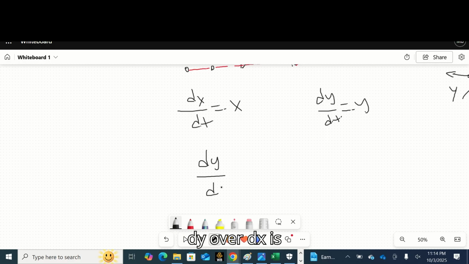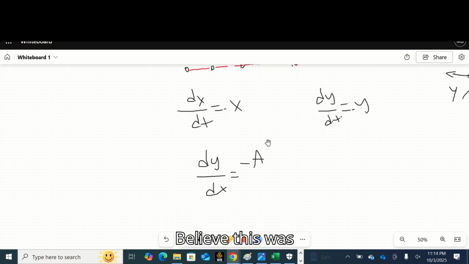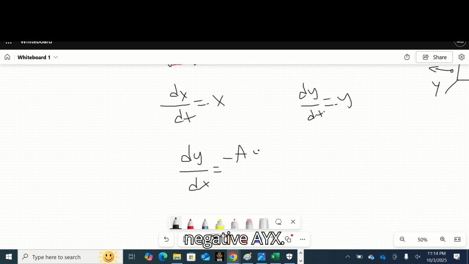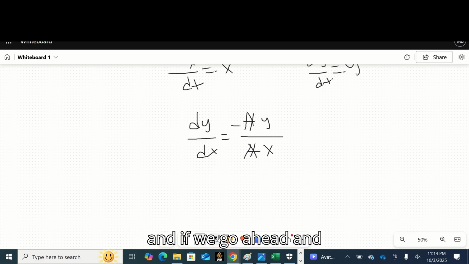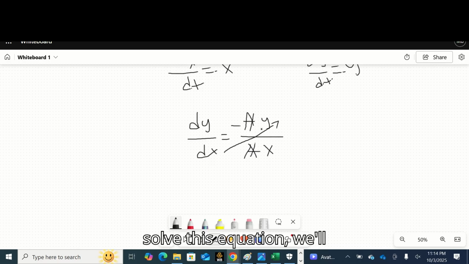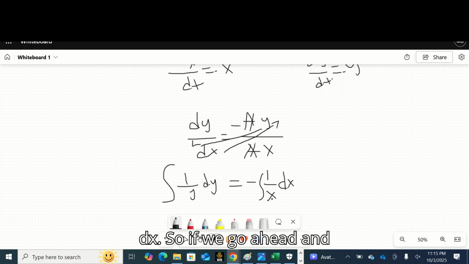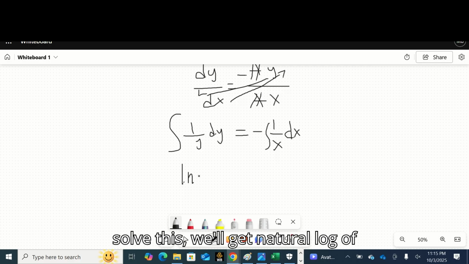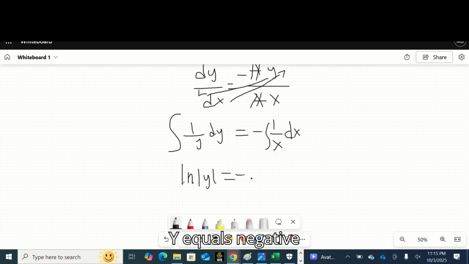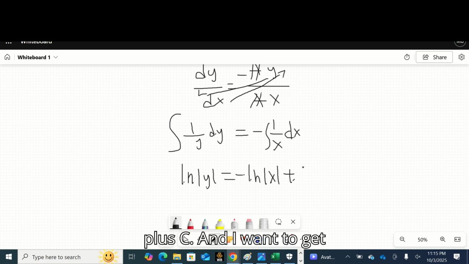dy over dx is equal to negative ay over ax. These a's will cancel out, and if we go ahead and solve this equation, we'll get 1 over y dy equals negative 1 over x dx. So if we go ahead and solve this, we'll get natural log of y equals negative natural log of x plus c.